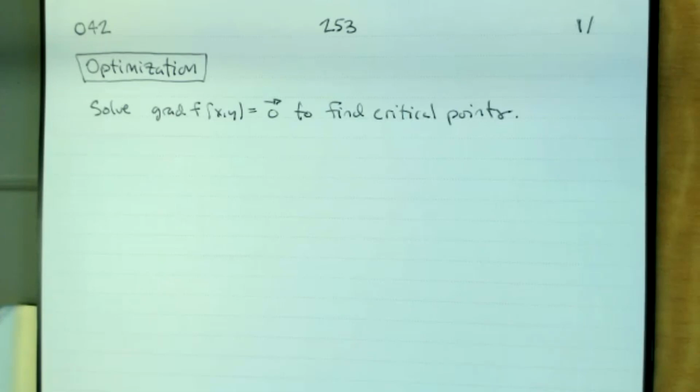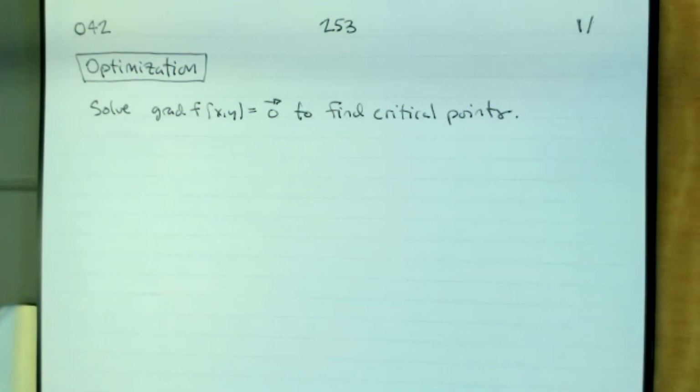All right. So in particular, let's bring up the first derivative, take the first derivative, set it equal to 0, and solve. Now, I wrote it differently today. Today I wrote solve gradient f equals 0 to find the critical points. This is equivalent to saying, set the first two partial derivatives equal to 0 and solve.